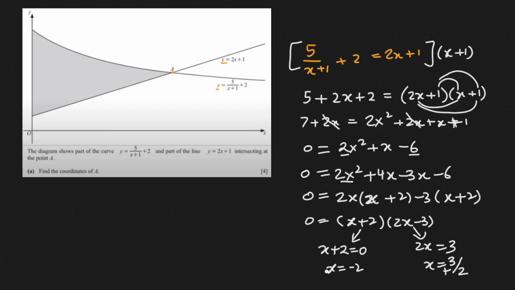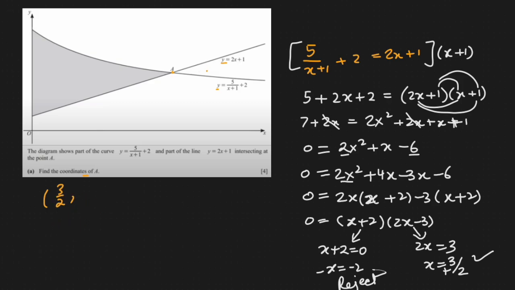This is positive, this is negative, and on this grid we can see that our A is on the positive side of x. That means this is our answer. This is not our answer. So what was the question? Find the coordinates, not coordinate. That means we got the x coordinate as 3 over 2. We need to find the y coordinate.